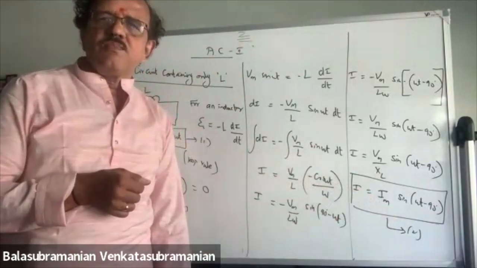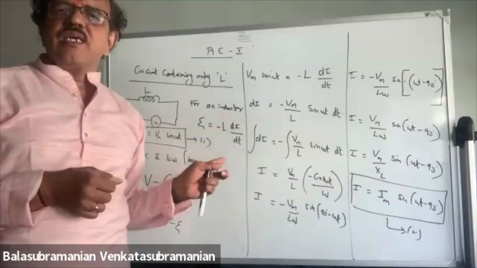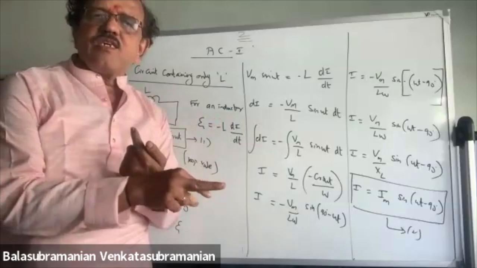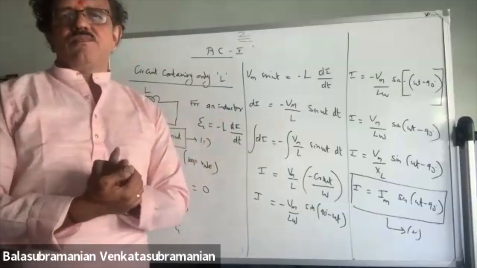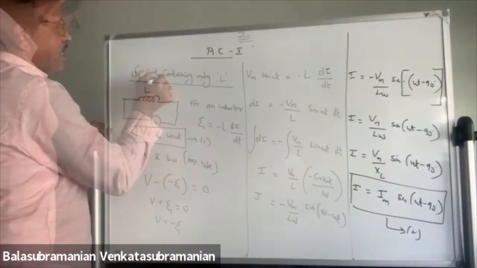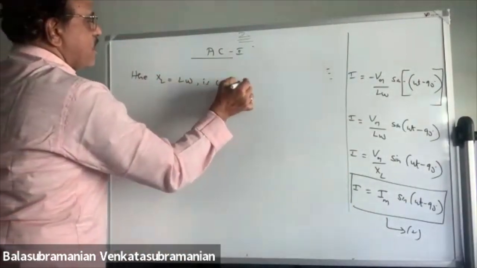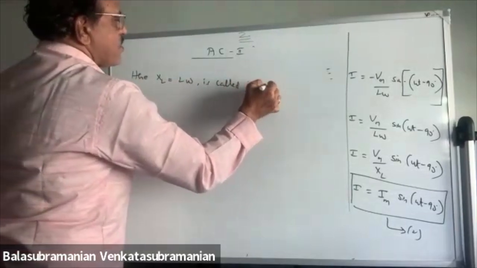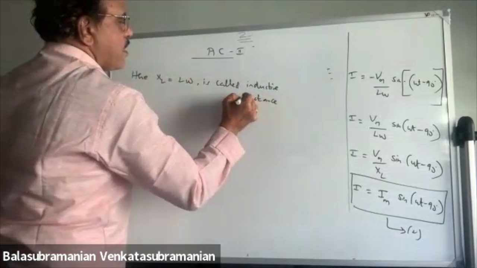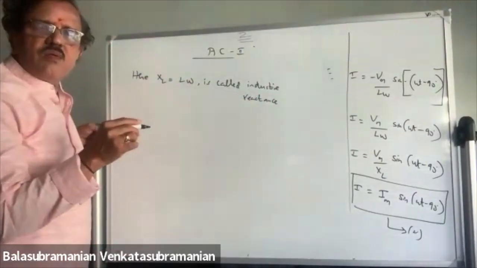That means voltage leads the current by 90 degrees, or current lags behind the voltage by 90 degrees. So XL is equal to L omega, called inductive reactance, the resistance offered by the inductor.